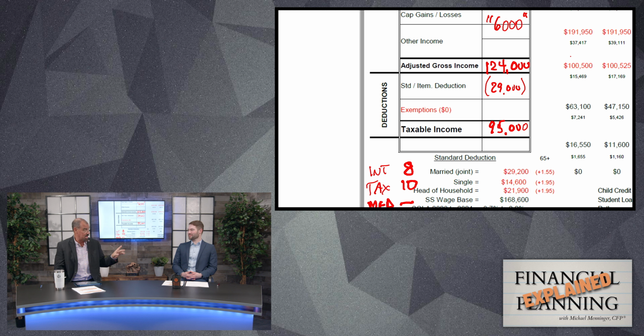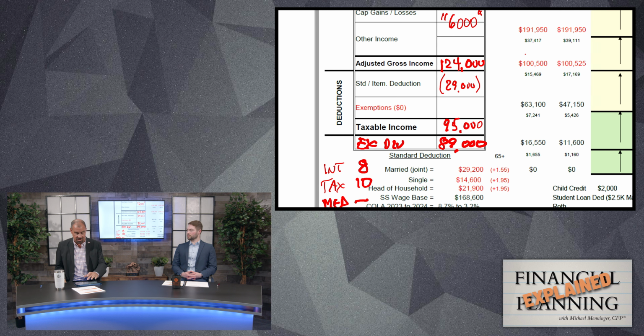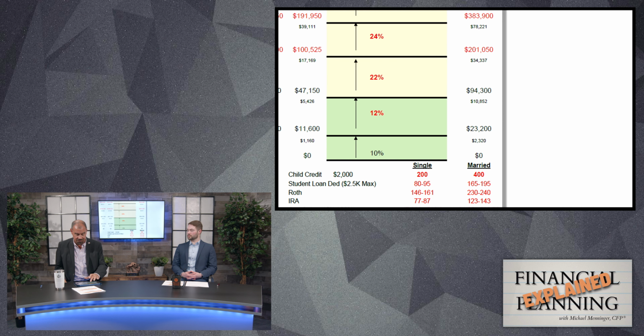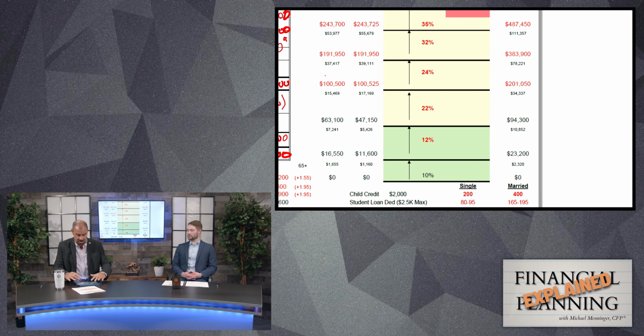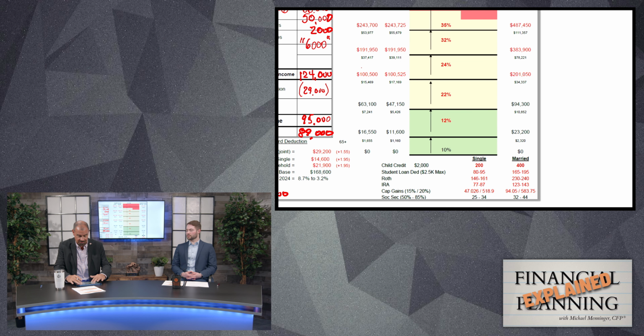It's ironic because a lot of people don't realize this. So what happens is to calculate your taxes, they go excluding dividends and gains, which we see are $6,000. You actually subtract that out, and you have a taxable income of $89,000. So now what they do with that $89,000 is they go here. Now they put you up on the tax code.